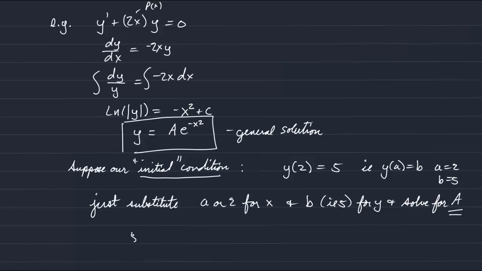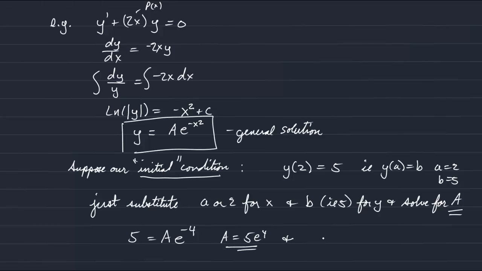So here we have y is equal to 5, and we have A e to the minus x squared equal to 5 when x is equal to 2. 2 squared is 4, and therefore A is equal to 5 e to the fourth.